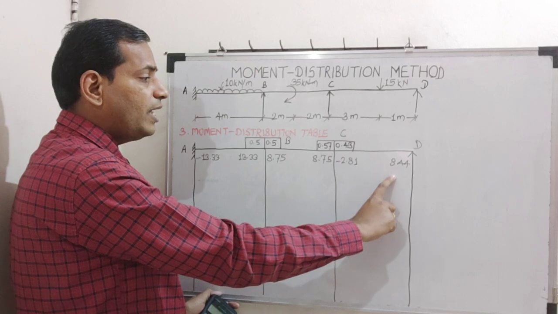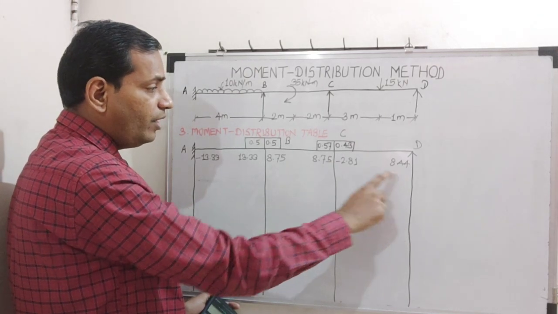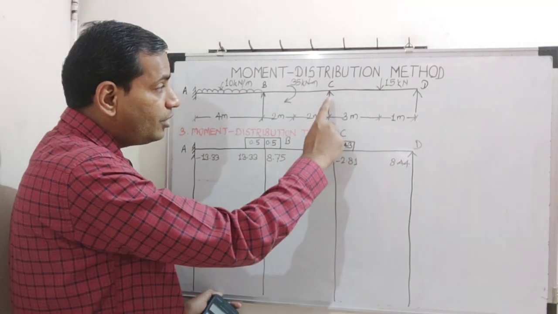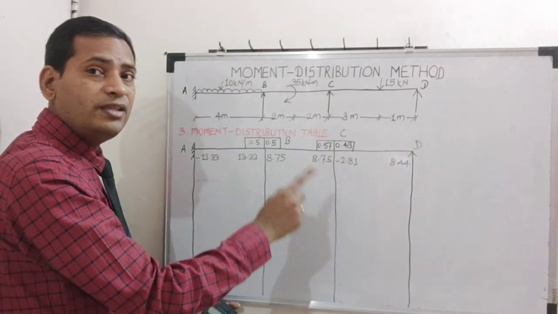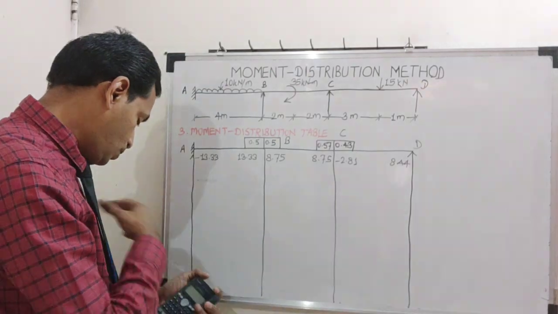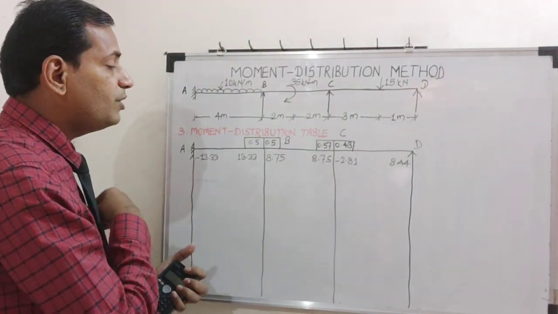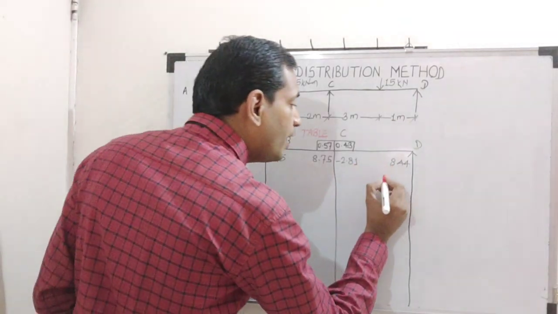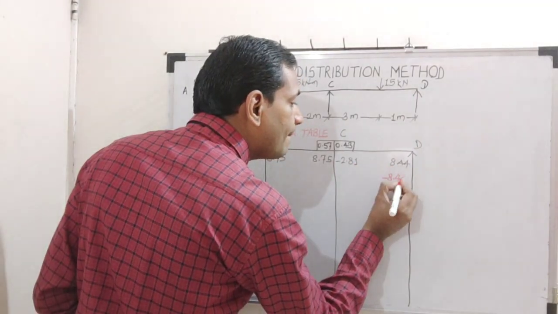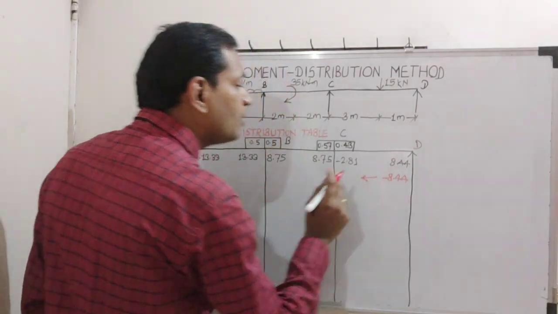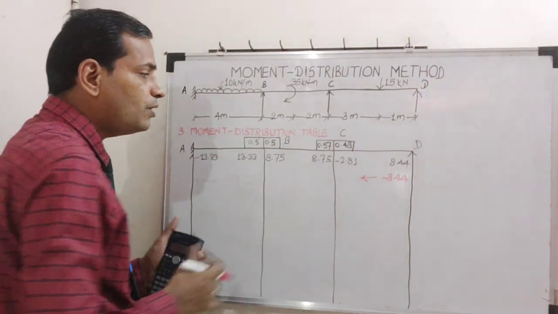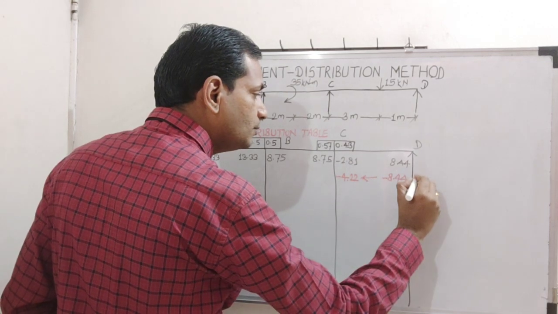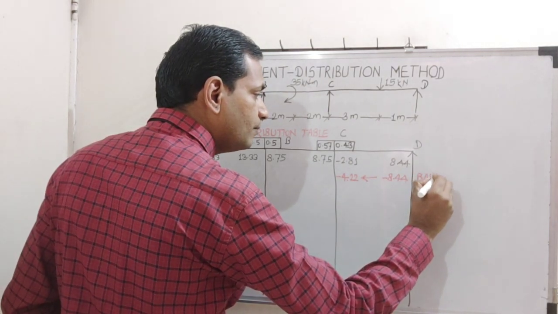If you are applying minus 8.44 here, its half value will go to the far end, which is the fixed end. This is an intermediate support, so this is assumed as a fixed end. Please remember. So we will carry out this balance procedure. This is called balance. Okay, so minus 8.44 and its half value will go to here. How much is half of 8.44? It is minus 4.22. Okay, so this is balance.